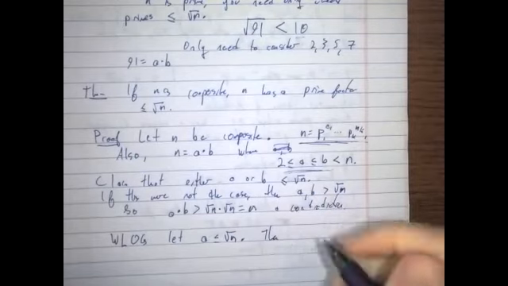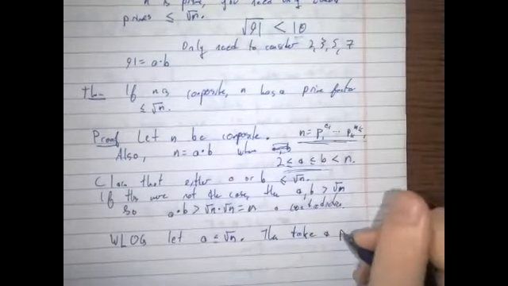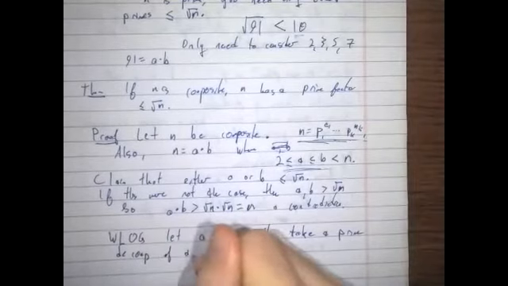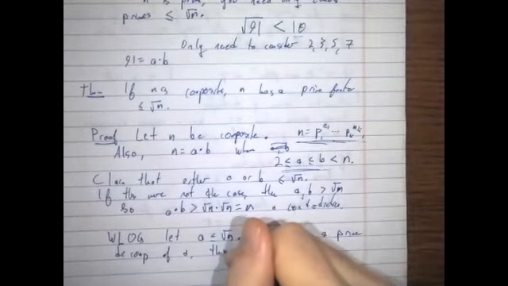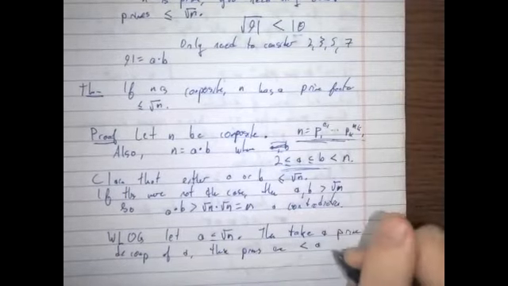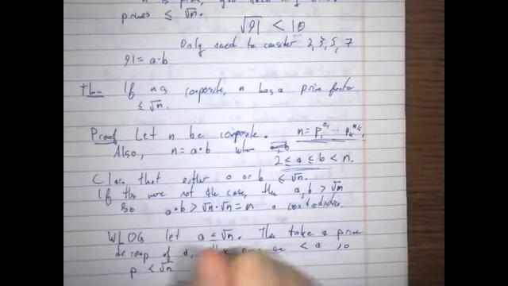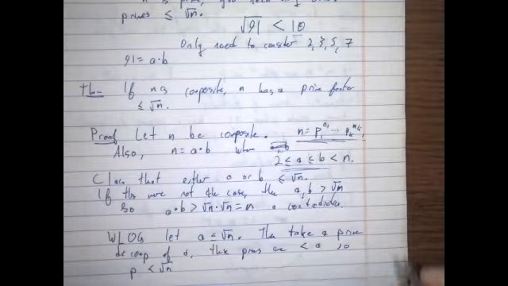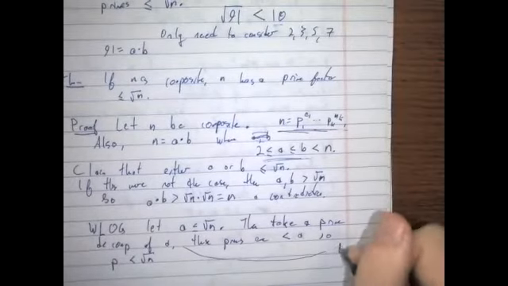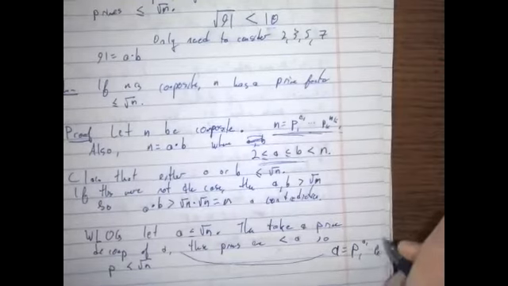Then take a prime decomposition of a. These primes are less than or equal to a, so less than or equal to square root of n. If I want to write my prime decomposition of a as a is equal to p1 to the a1 all the way up to pl to the al.